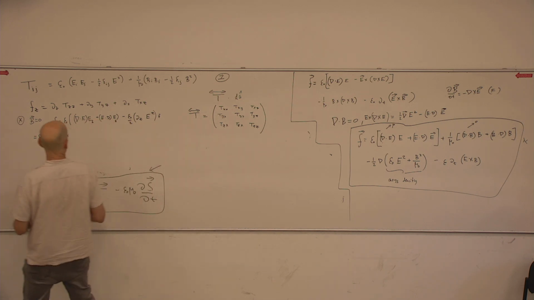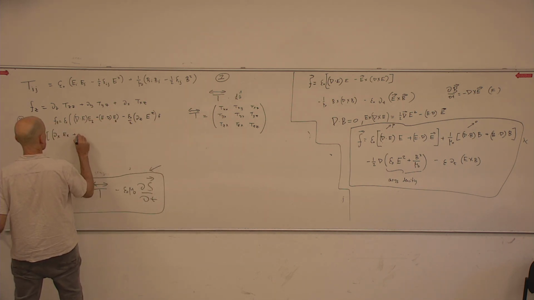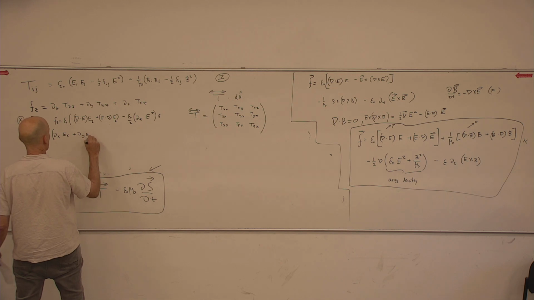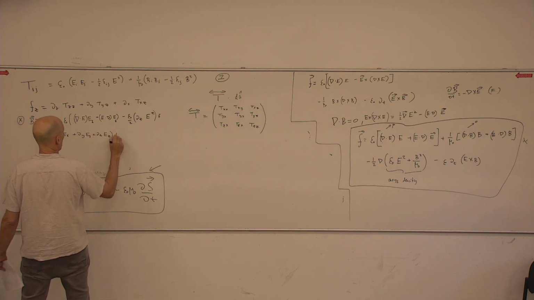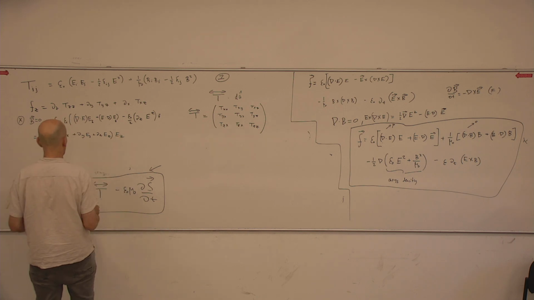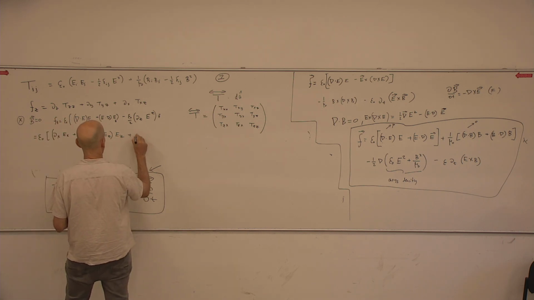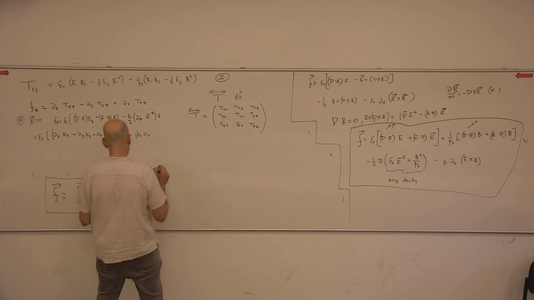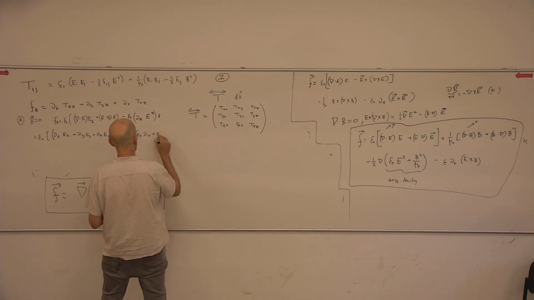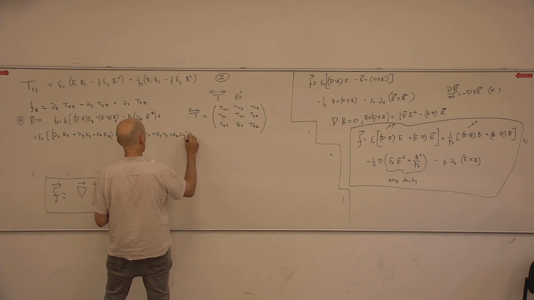So I have here the following. Plus d dy Ey plus d dz Ez, all this multiplied by Ez, plus Ex d dx plus Ey d dy plus Ez d dz multiplied by Ez.